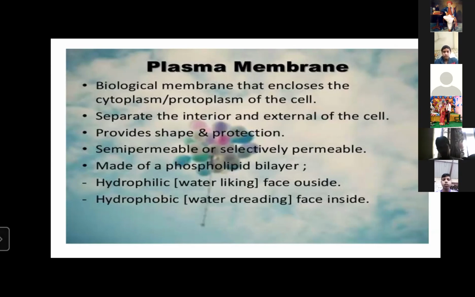For doing these activities, we have to prepare the different solutions. First, we are going to prepare the sugar solution. We need sugar and water. In the sugar solution, sugar is the solute and water is the solvent.